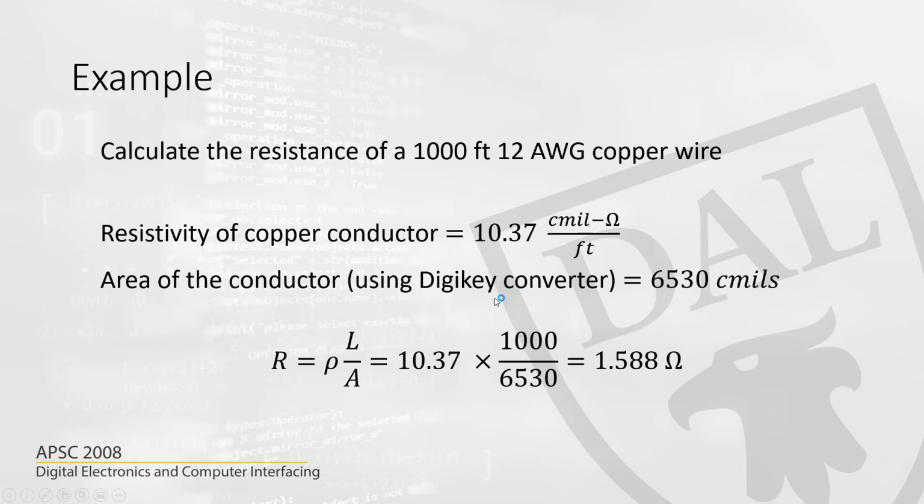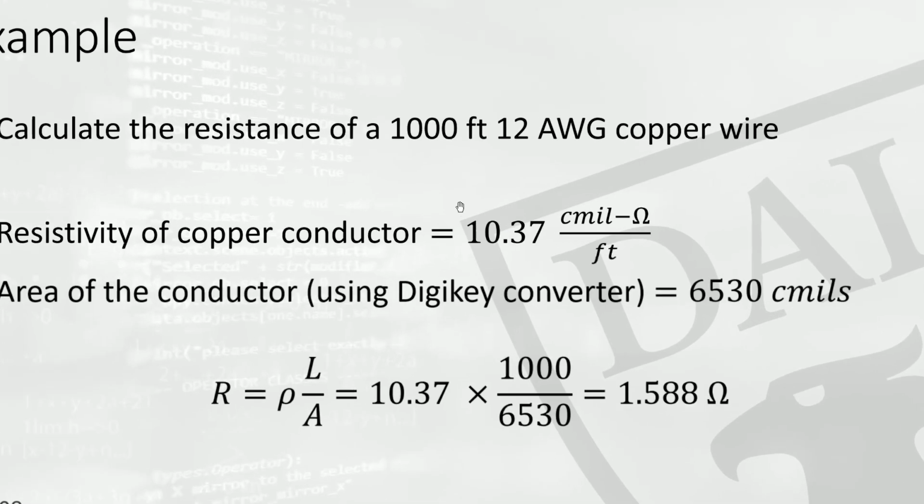So now I just have to plug in those numbers. The resistivity of copper, 10.37, times 1,000 feet, that's the length, divided by the CMILs.